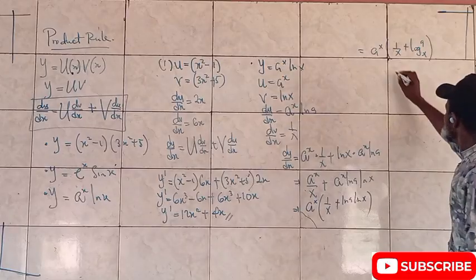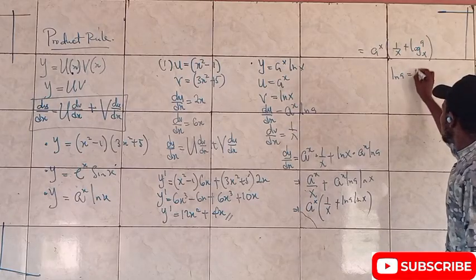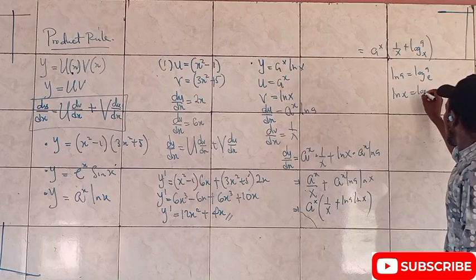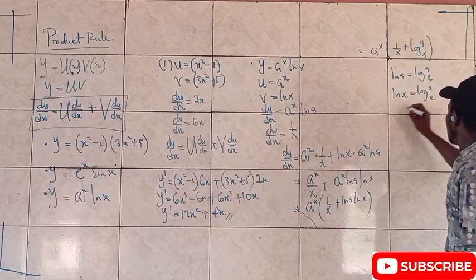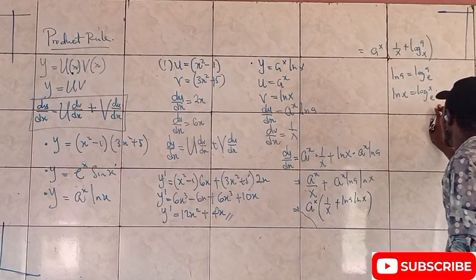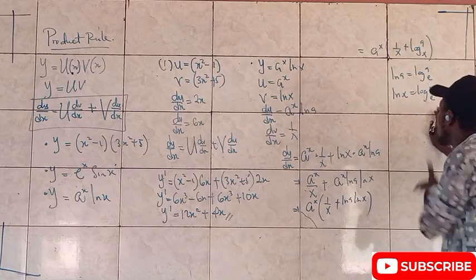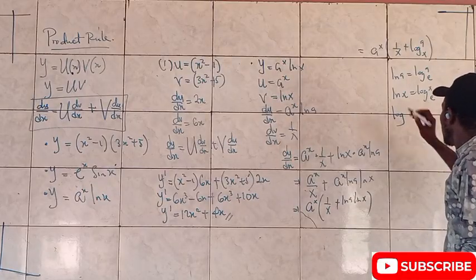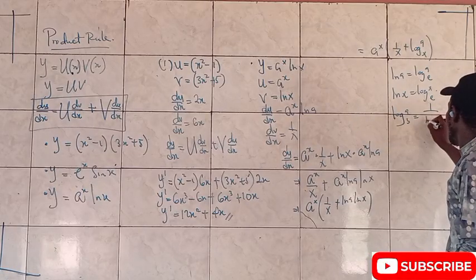Now, how do I get that? You know that ln a is equal to log a base e, and ln x is log x base e. Let me say log a base b is the same as 1 over log b base a.